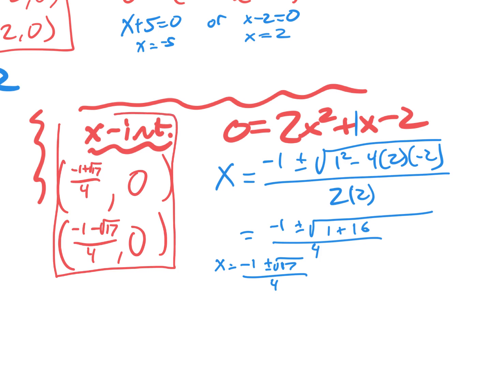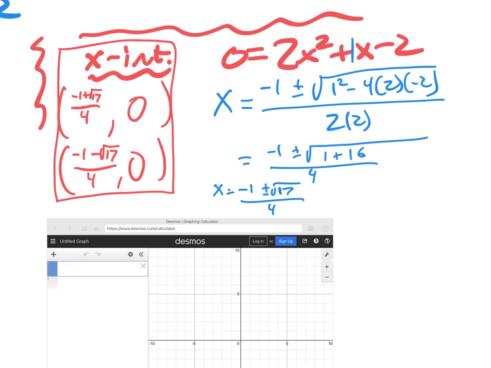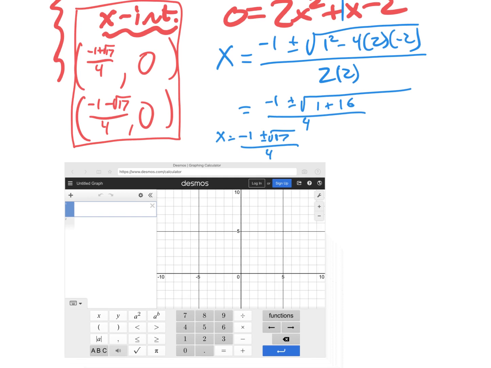Two x-intercepts. Okay, if we go to our calculator and we punch in negative 1 plus the square root of 17 all over 2, that should give us 1.56. Now negative 1 minus the square root of 17 all over 2.